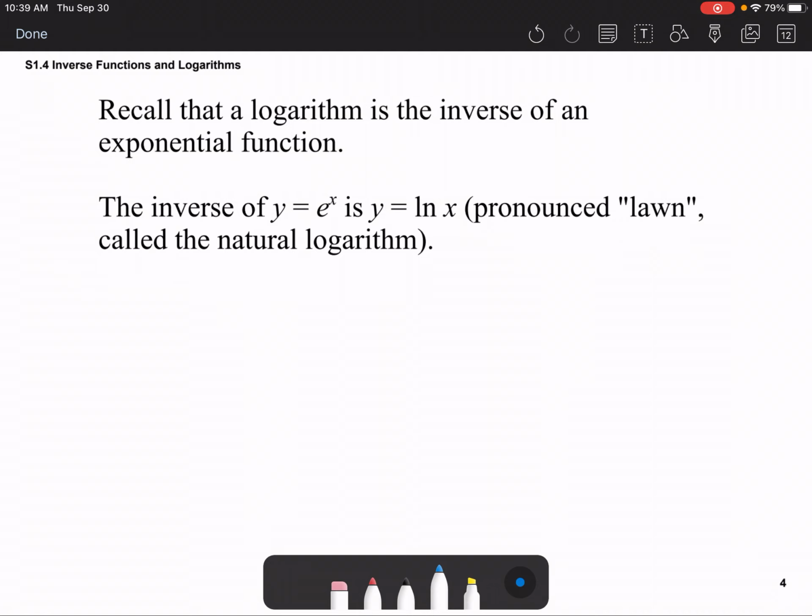Well, as a function, this function is called the natural exponential function, or Euler's function.